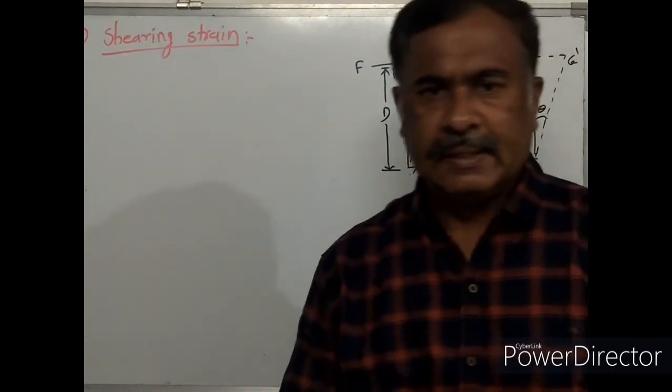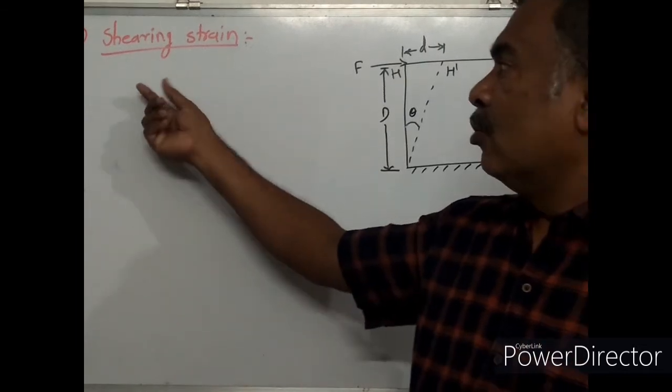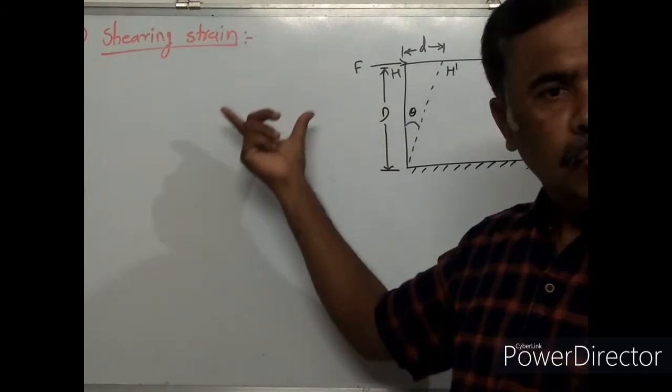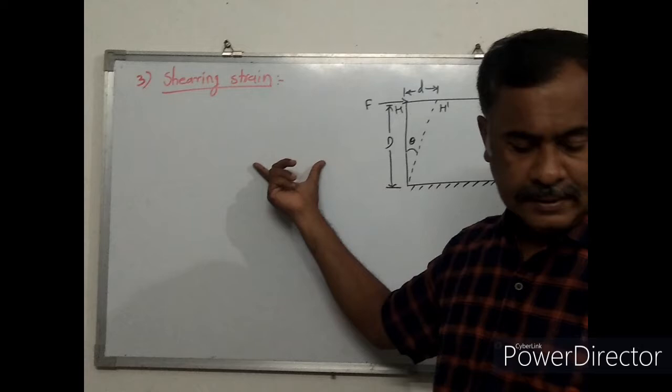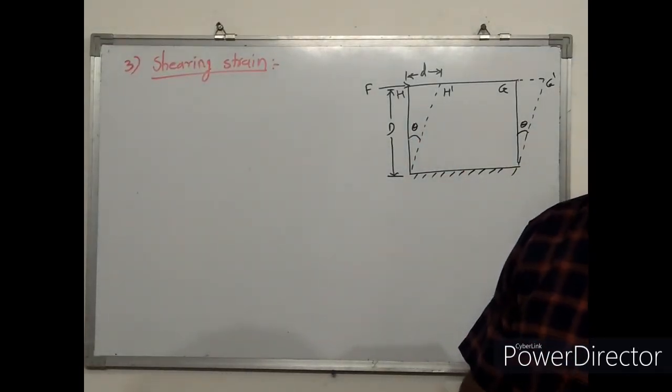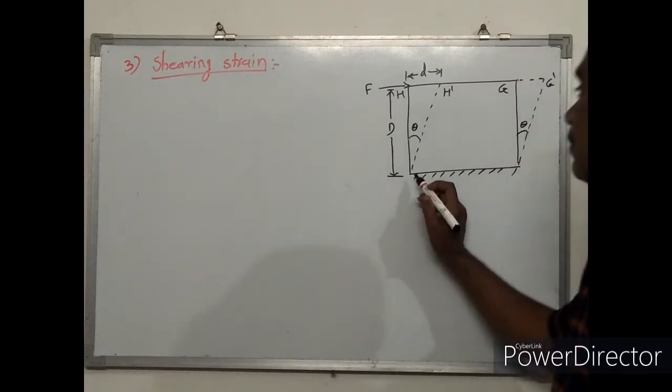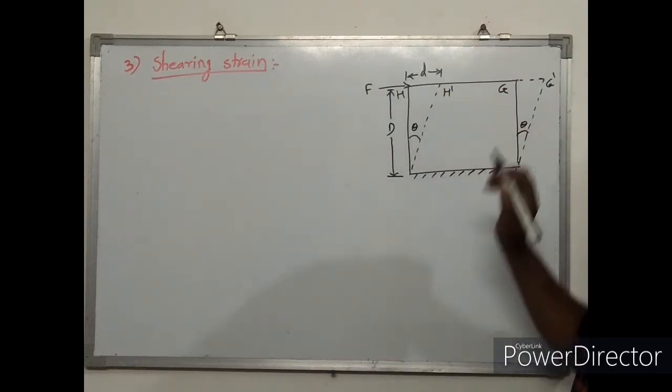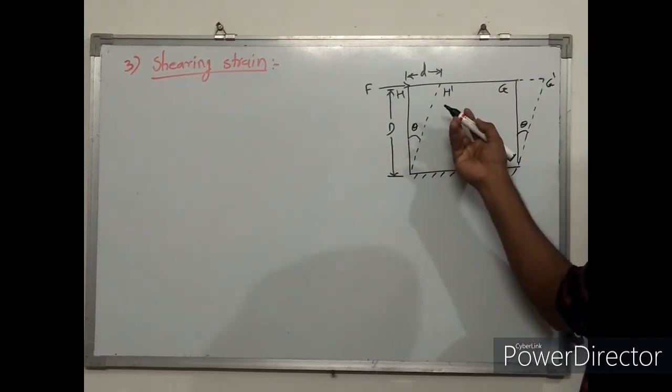Then how to define this shearing strain? The original definition is that it is the ratio of change in dimensions to original dimensions, right? Then here what changes? The displacement of layers takes place.